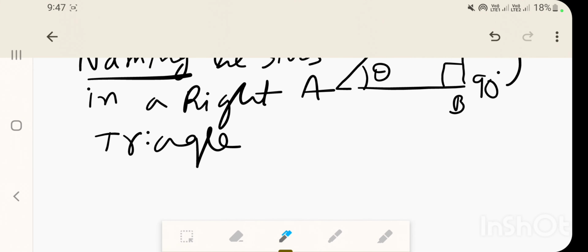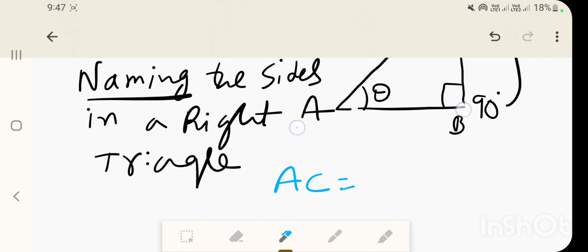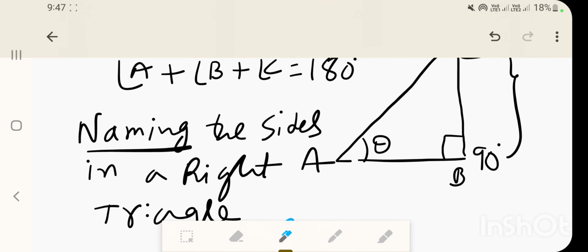In this we have AC. This AC is called the hypotenuse.